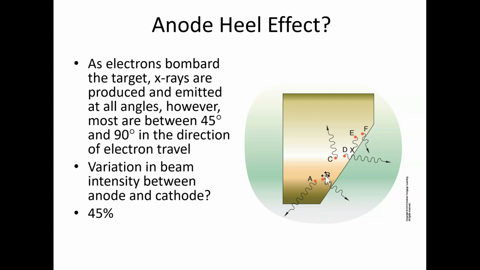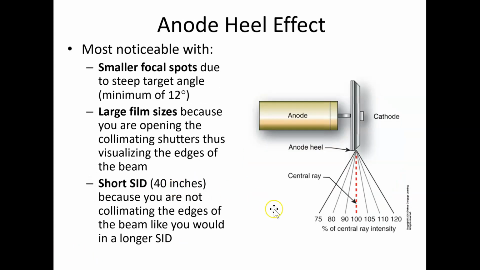And that means that there's a variation in the number of photons that make it out of the tube at the anode side compared to the cathode side, which allows more photons to actually exit the tube because they don't have to travel through the anode. And there's about a 45% difference between the cathode and anode end.